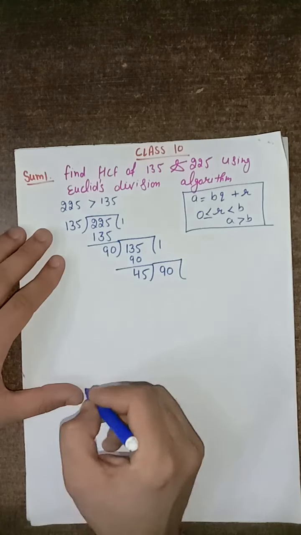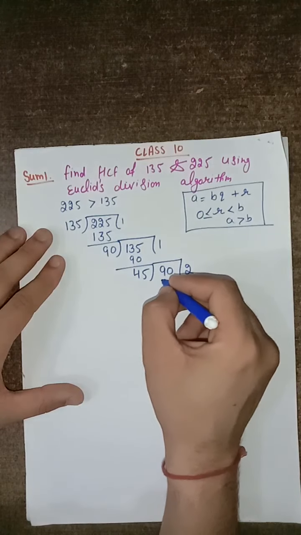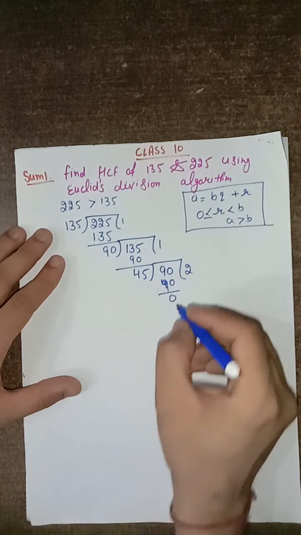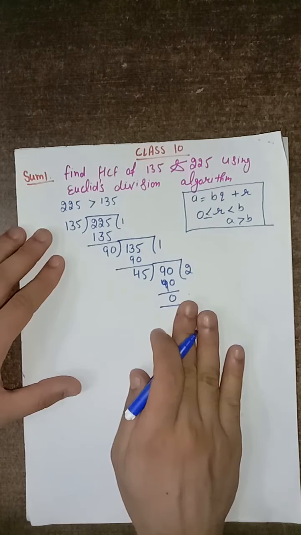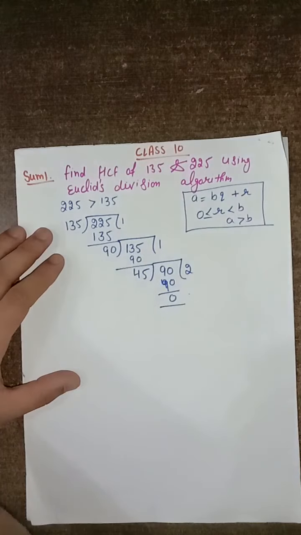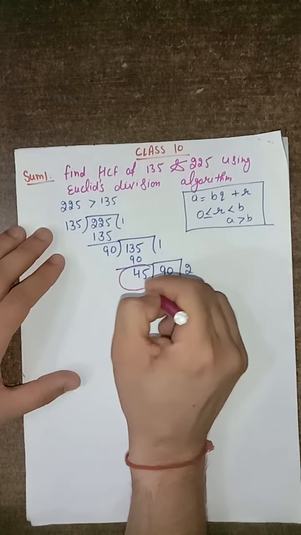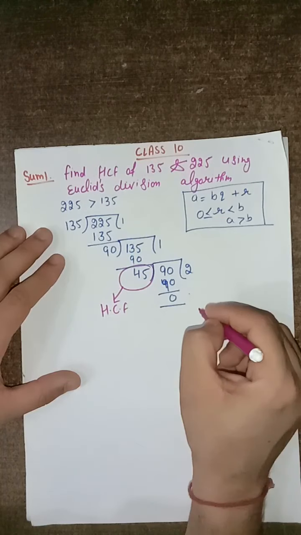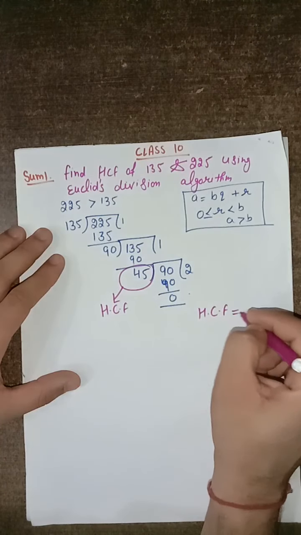This is 90 and 45, the quotient is 2, and the remainder is 0. Now the remainder is 0, so this 45 is the HCF. So the HCF is 45.